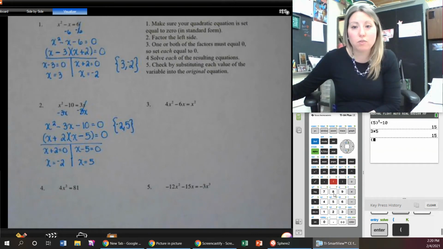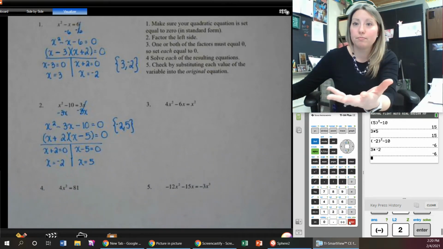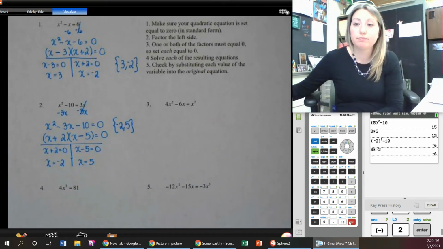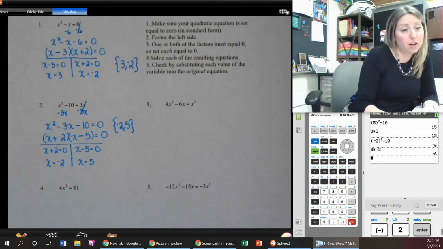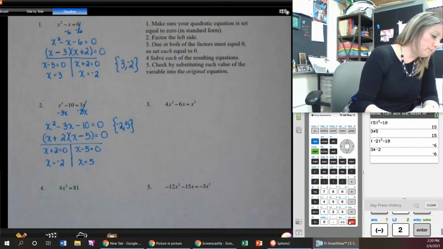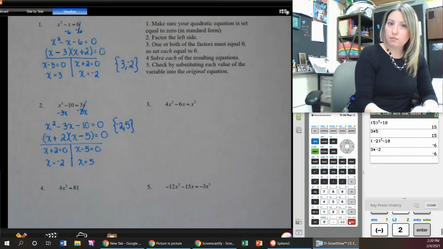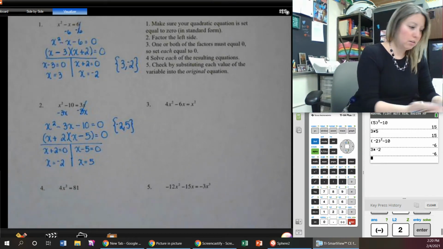So now let's do that with -2. -2 squared minus 10 should be the same as 3 times -2. There you have it. So a little bit different as far as the checks go, but use those graphing calculators to do it.